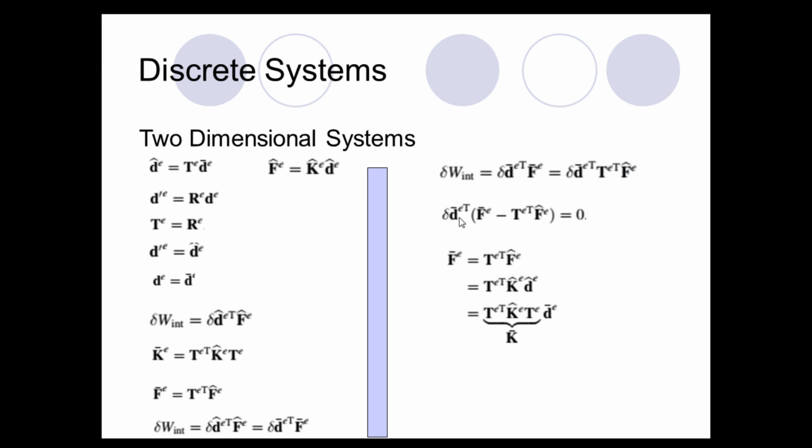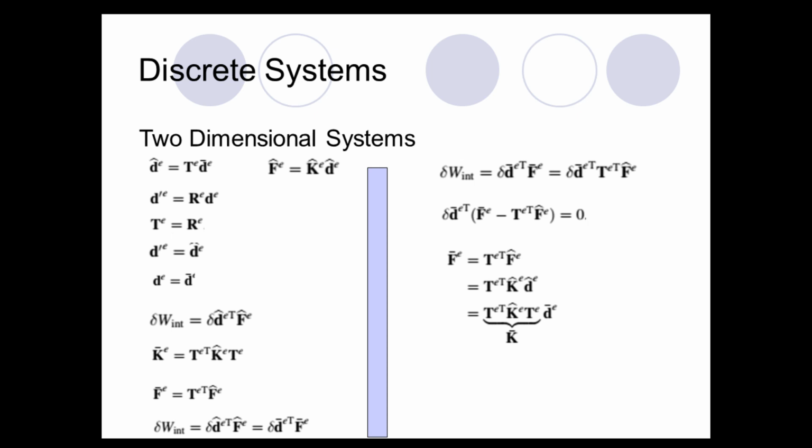Now, if I write the work, because work has to be frame indifferent, in both frames and subtract them from each other, I will get this expression: FE bar minus TE transpose multiplied by FE hat has to be equal to 0.